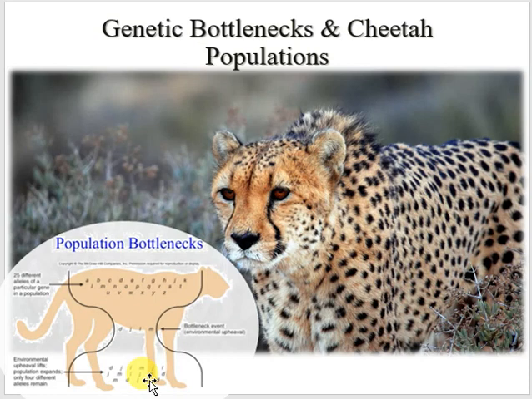They are more genetically alike than inbred lab mice, which is incredible to think. And it's also incredible to think that these populations are still surviving even with that significant decrease or lack of genetic diversity.